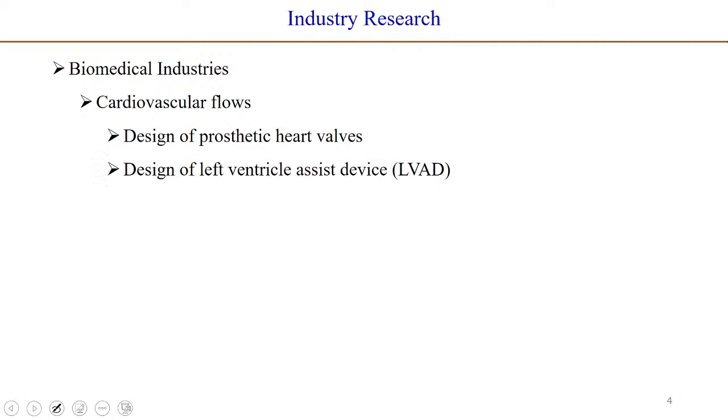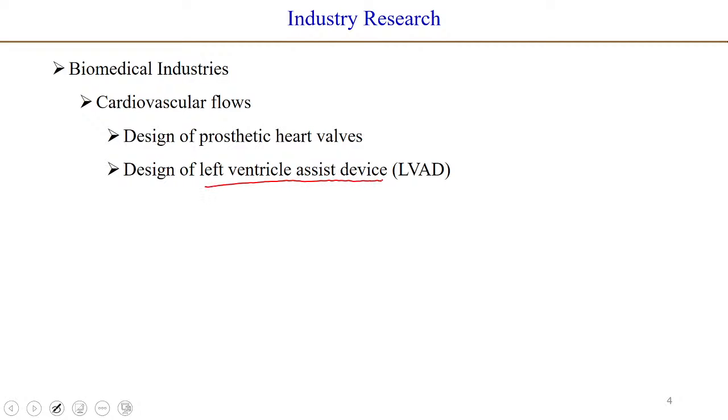Similarly, consider the left ventricle, which provides blood to peripheral organs or all the systems. If it is not working properly, then what is used is what is called a left ventricular assist device.